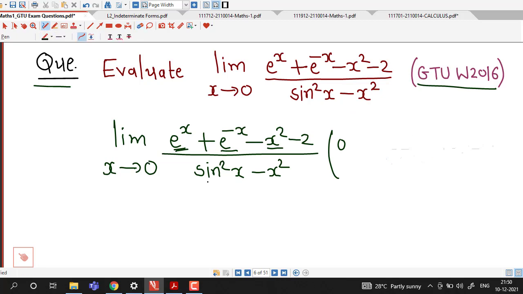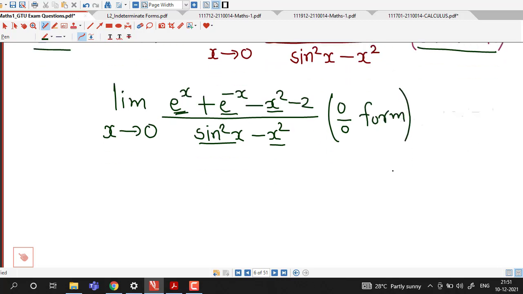Similarly, if we take x equal to 0 here, we have sin 0 minus 0, that is 0. So this is 0 by 0 type indeterminate form. So we can apply L'Hospital rule, and L'Hospital rule says that we have to differentiate numerator and denominator separately.